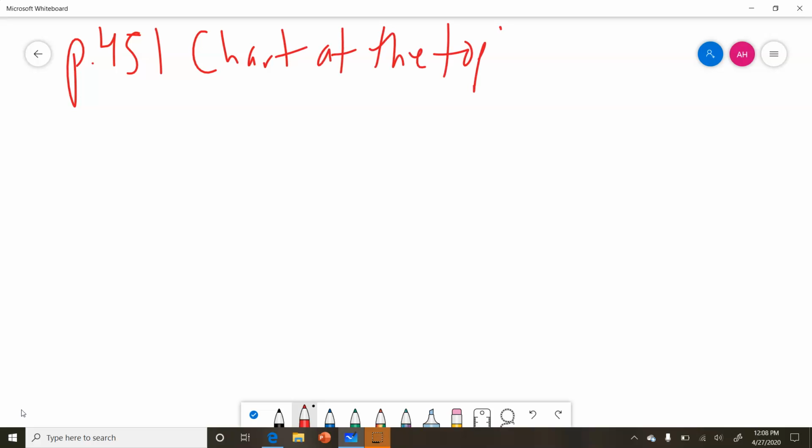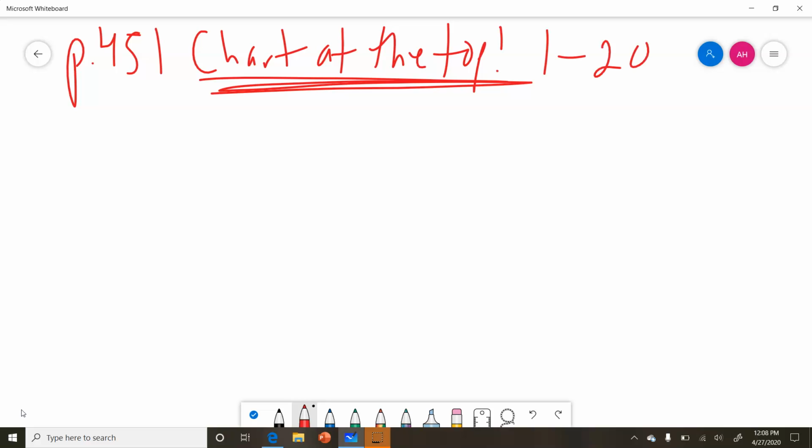It has all of the square roots. It has 1 through 20 squared. Super helpful. So if you get confused, turn to page 451 and look at the chart.